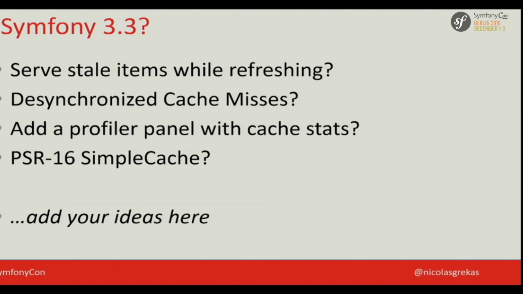So by just having some seconds of difference in the end of the expiry period, you're able to average the cache misses over this period.